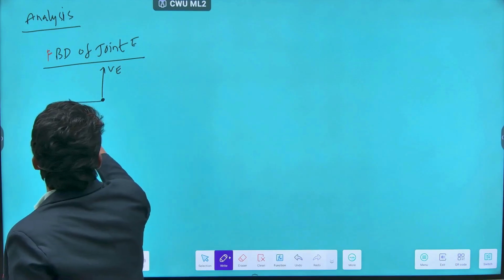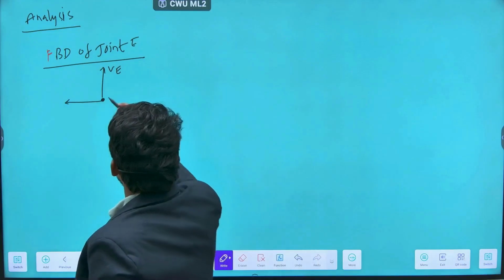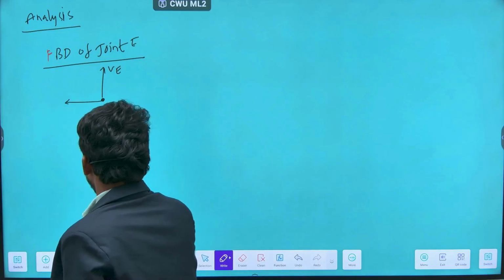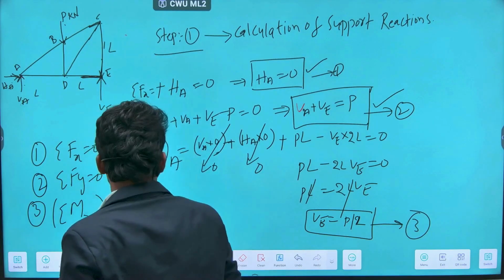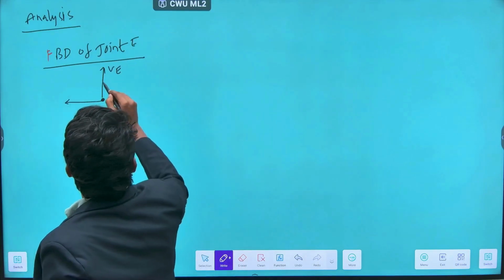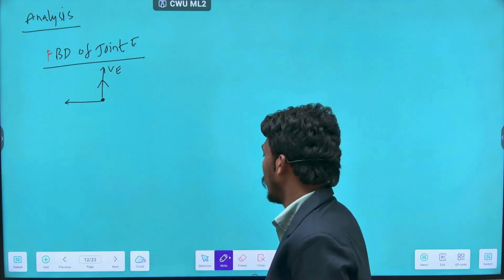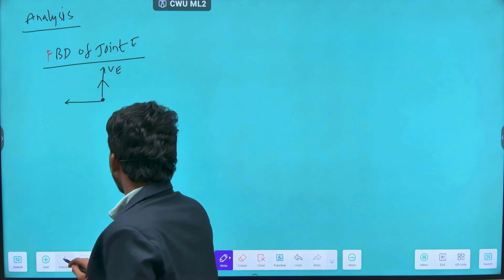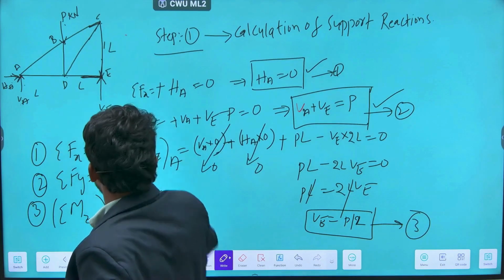And again I have a member force in the vertical direction. So I have a member force in this member also. That also I am assuming to be a tension. So this is the free body diagram of the joint E. So let us name it. So this is DE and this is CE.